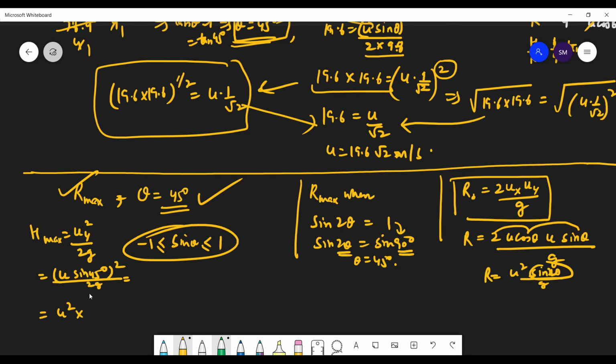What is sin 45? 1 by root 2. So square of 1 by root 2 is 1 by 2 divided by 2g. So that is u square by 4g.